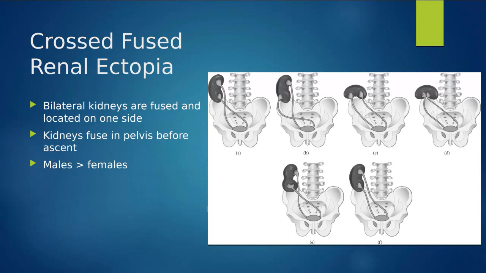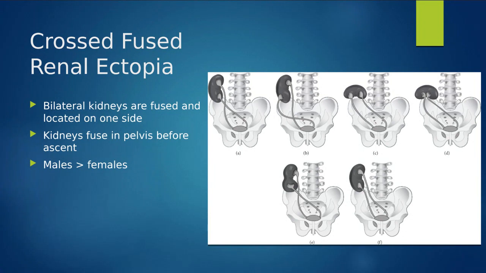Now horseshoe kidney, remember, they've already started to ascend, so they've already started to separate a little bit, but in cross-fused renal ectopia, they are fused at the pelvis, and then they're trying to ascend. So it's going to result in only being able to go in one direction because they're totally fused.